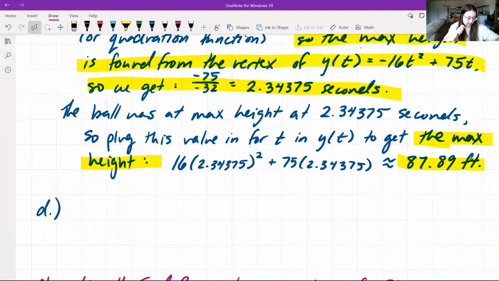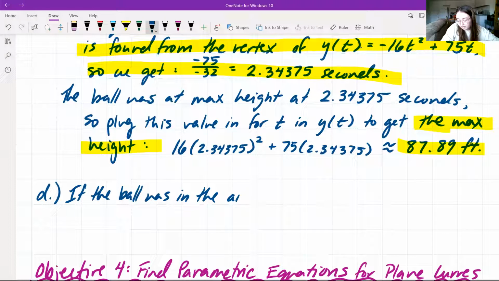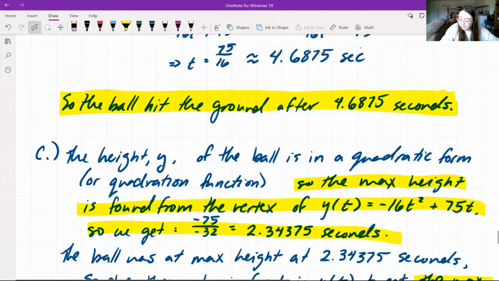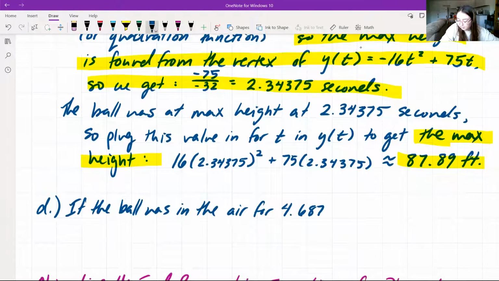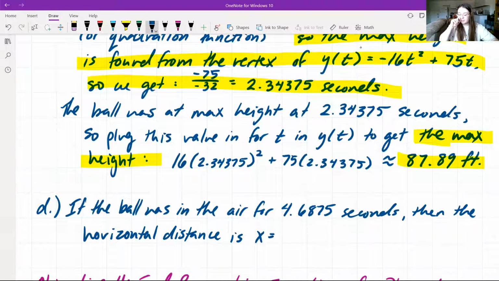So if the ball was in the air for 4.6875 seconds, then the horizontal distance is x equal to, and now we plug in that value of t.